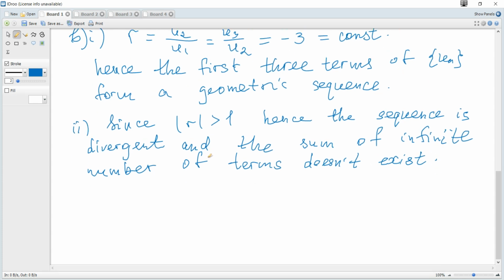And when the absolute value of a common ratio is less than 1, it means that the sequence is convergent. It means that un tends to 0 and the limit of un is equal to 0, and the sum to infinity exists, and it can be calculated using a formula which is given in the data booklet.